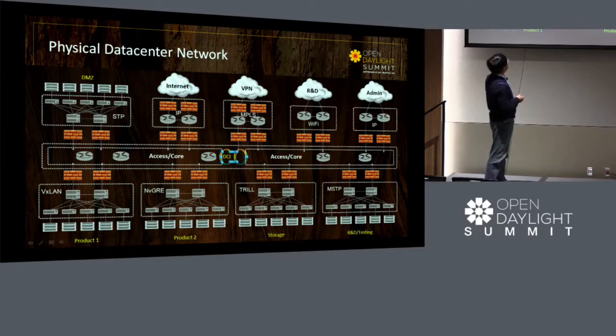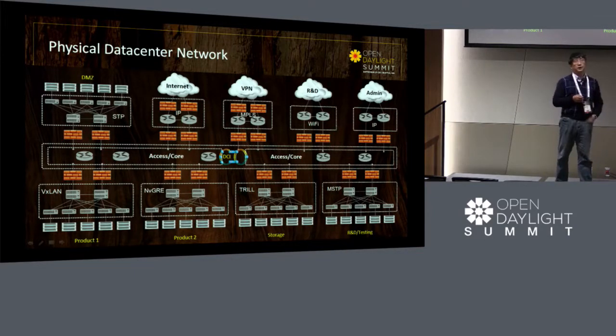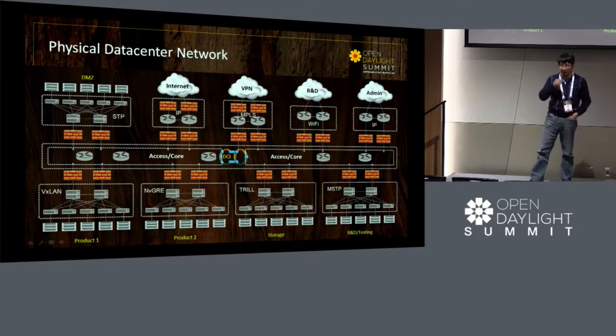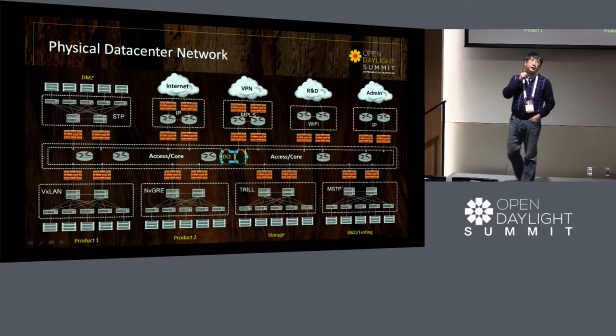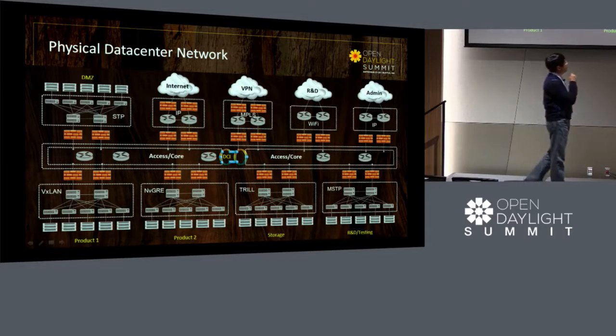So this formed this physical network. You can see this physical network has a lot of technologies, a lot of domains in here. It is exactly like the current keynote sessions, where we are talking about a lot of controllers, SDN controller, SDN WAN.